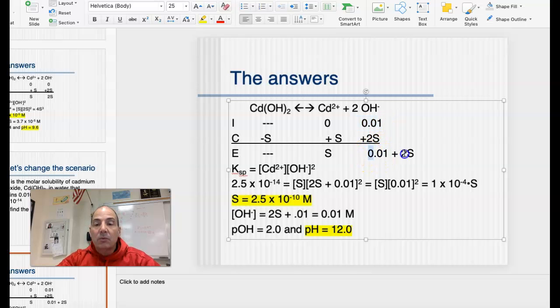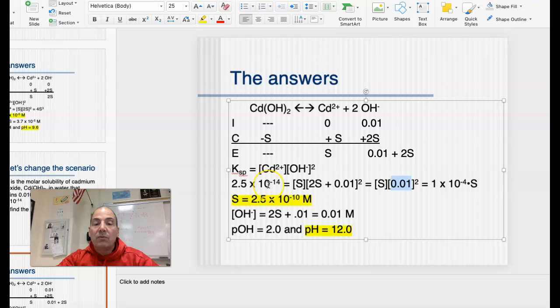And so at equilibrium, we're going to have 0.01 plus 2S. But remember, this is a pretty weak, not very soluble salt, right? That KSP value is small. So 0.01 plus 2S is still going to be pretty much the same thing as just 0.01. So you notice here, I just wrote it as 0.01. I got rid of the 2S part.